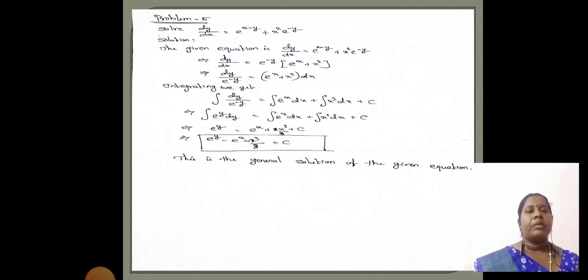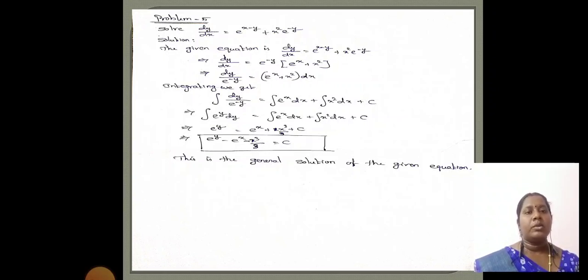Next step, integration of e power y into dy equal to integral e power x dx plus integral x square dx plus c. Next, we know that integral of e power y is e power y and integral of e power x is e power x, and integral of x square dx is x cube by 3.